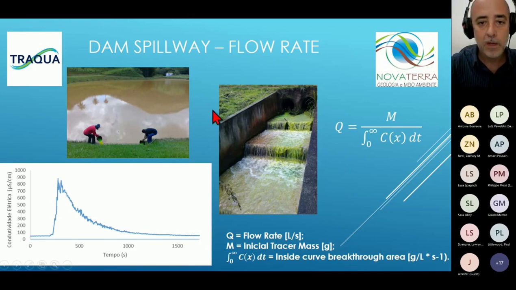We conducted combined fluorescent dyes, here fluorescent, and salt, sodium chloride, and here the breakthrough curve of these tests, of the plume of the tracer, and so we can calculate the flow rate using the fluorescent tracer.